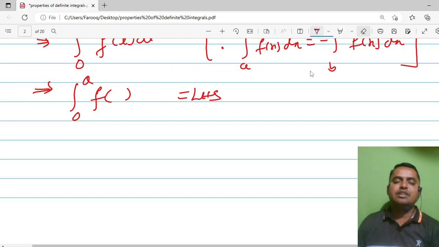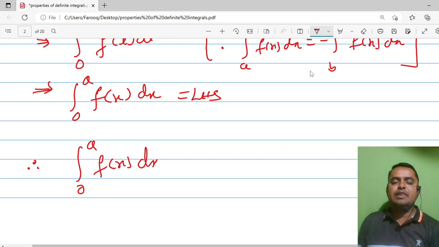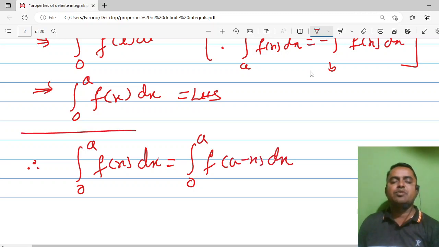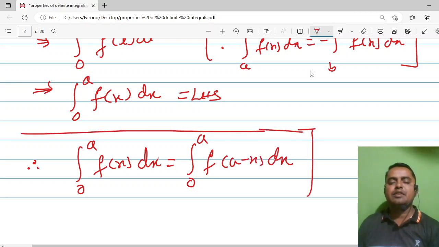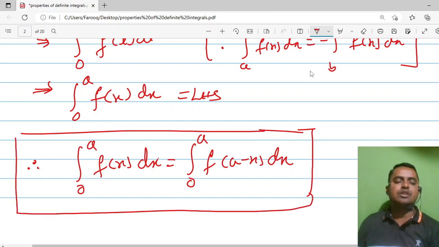Sorry, f of x dx, that is equal to the LHS. Therefore, integration of 0 to a f of x dx is equal to 0 to a f of a minus x dx. Hence the proof of the property. In this manner we have to prove the property. Any doubts? Please give me the comments.